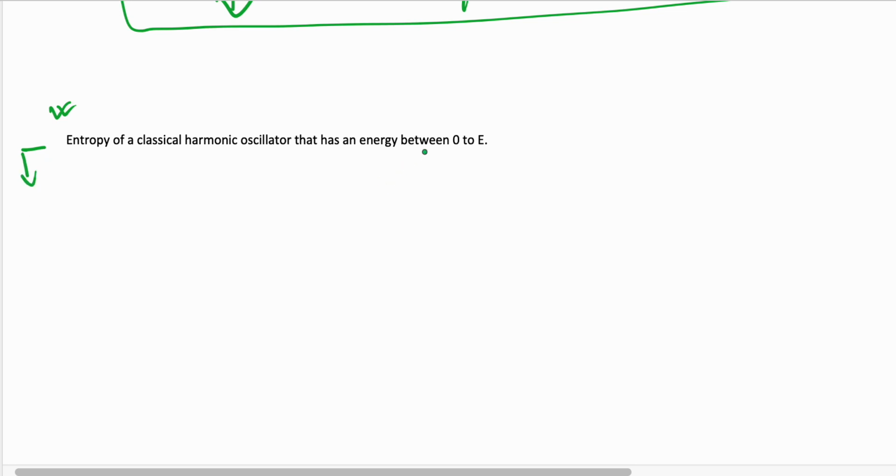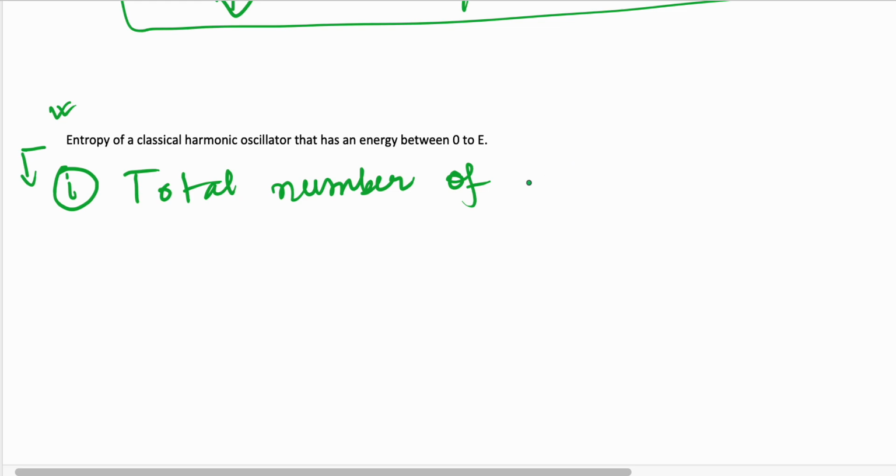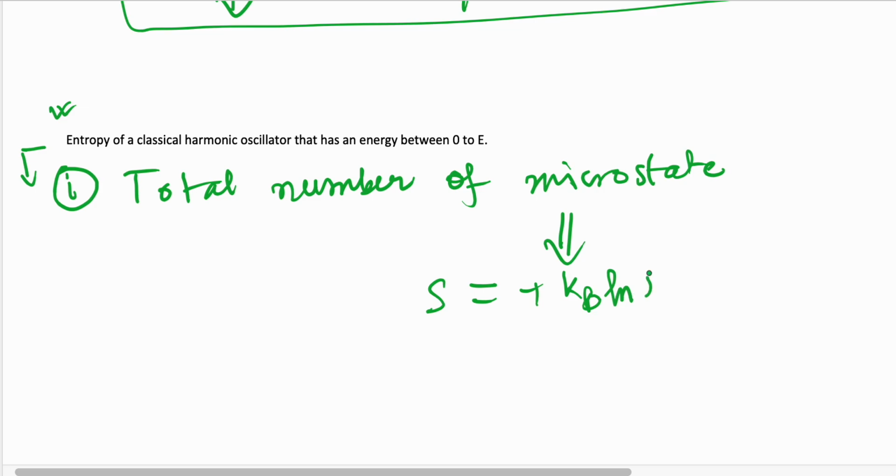To calculate the entropy we have to know the total number of microstates. If we know the total number of microstates, we apply the Boltzmann law: S is equal to k_B ln of omega, which is the total number of microstates.